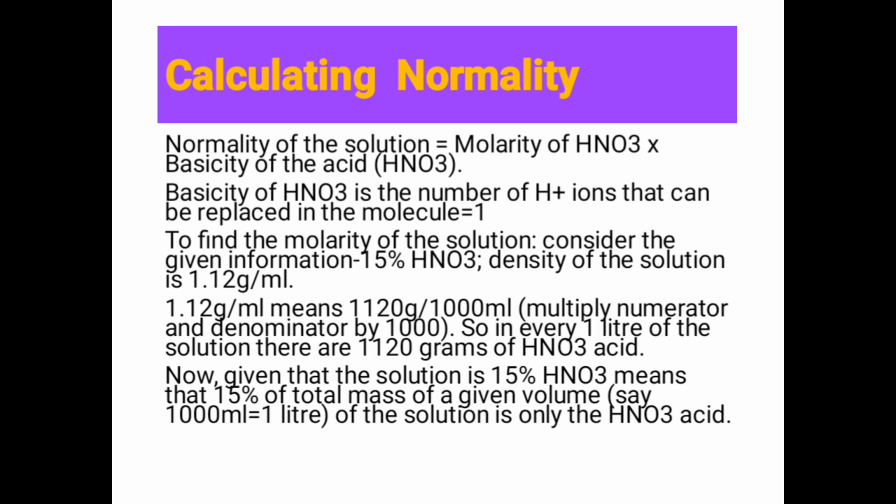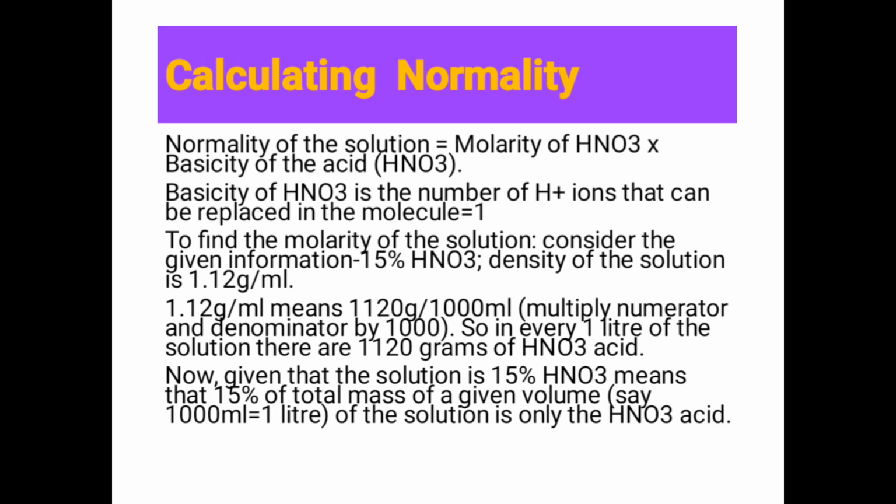Now, to interpret 1.12 gram per mil, that means that for every 1 mil, you have 1.12 gram. To take it to standard form, which is 1,000 mil, you multiply by 1,000. That's 1.12 over 1 times 1,000. You have 1,120 gram per 1,000 mil, or per 1 dm cube, or per 1 liter.